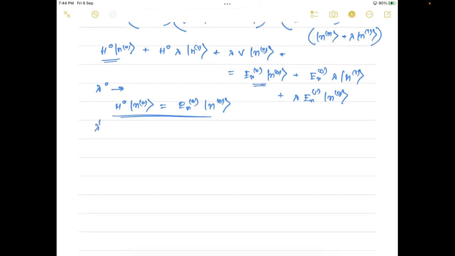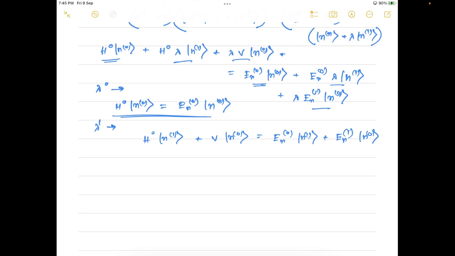Now let's compare the lambda power 1 terms, which give H0|n1> plus V|n0> equal to En0|n1> plus En1|n0>. Now this is the expression we get.